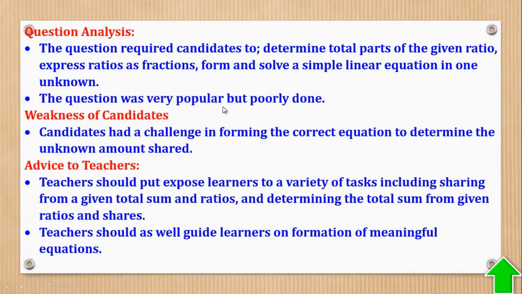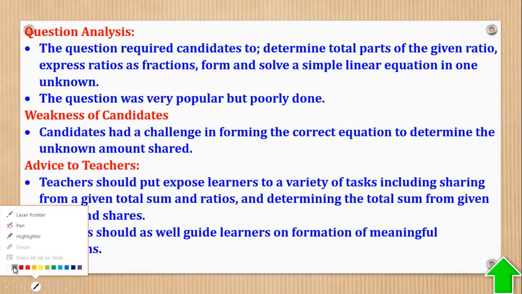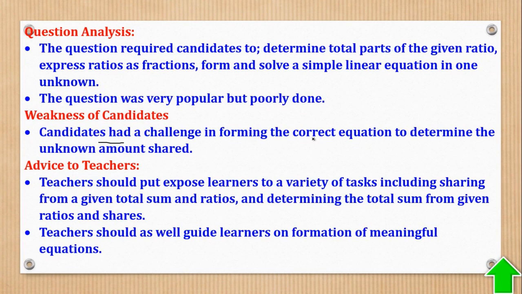So the question was very popular but poorly done. And the weakness is that candidates had challenges in forming the correct equation to determine the unknown amount shared. So always follow the procedure. You first let the total amount be x, otherwise it will not be okay. They advise that teachers should expose learners to a variety of tasks involving sharing from a given total sum and ratios, and determining the total sum from the given ratios and shares.